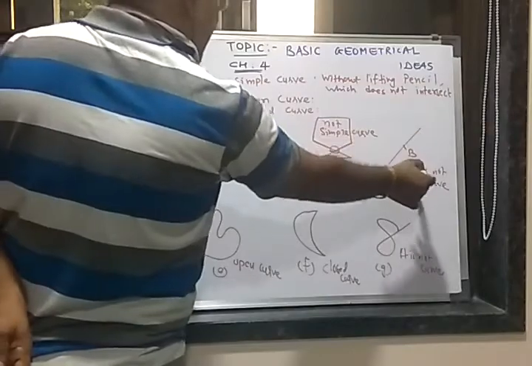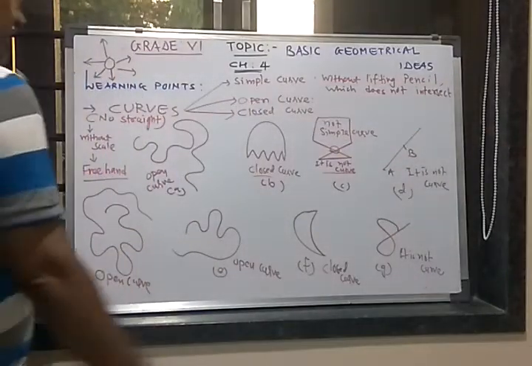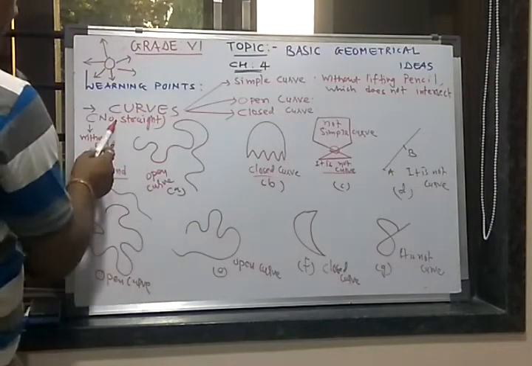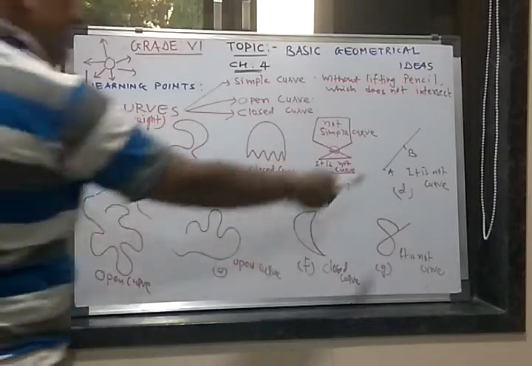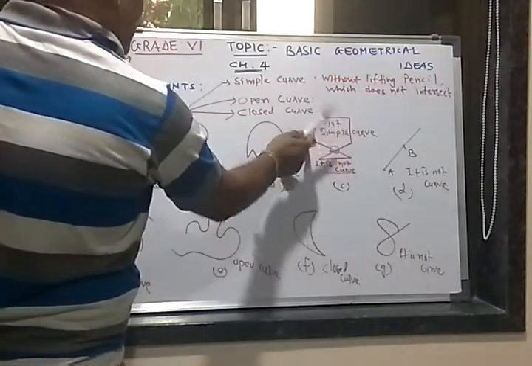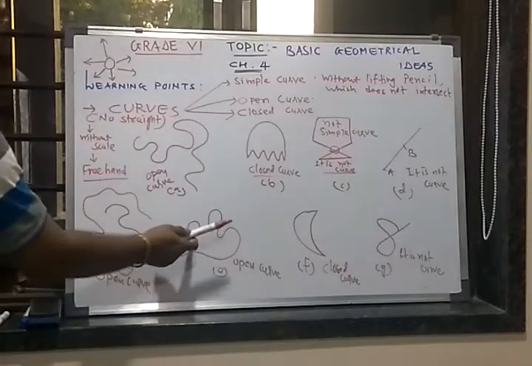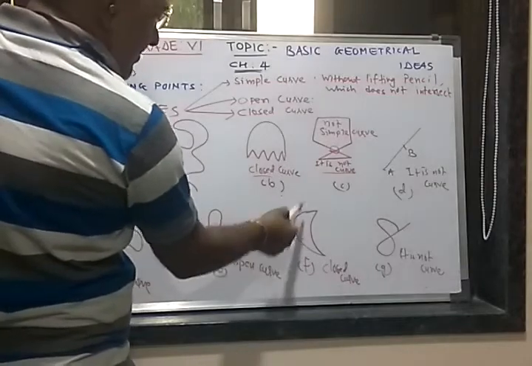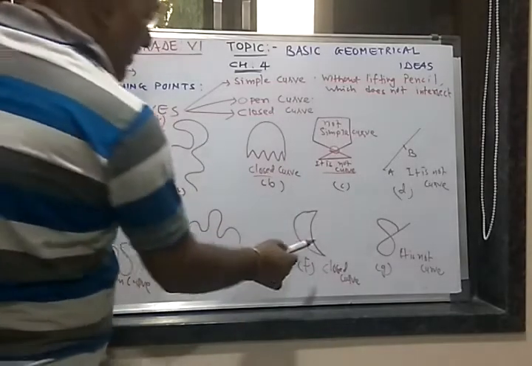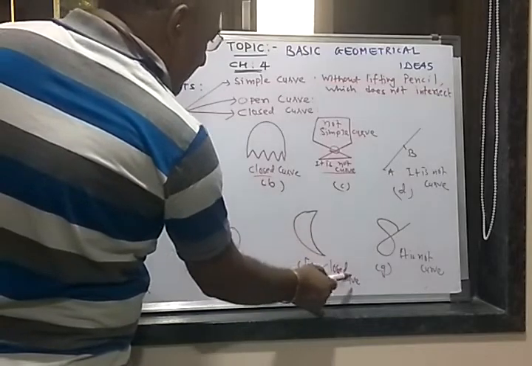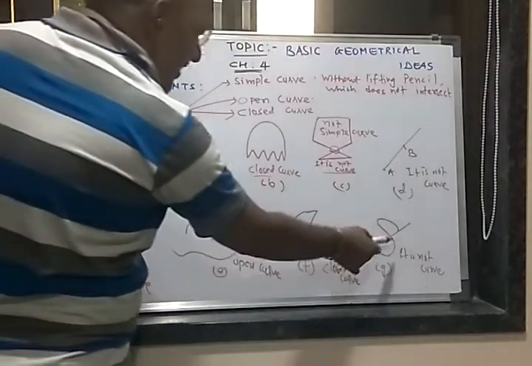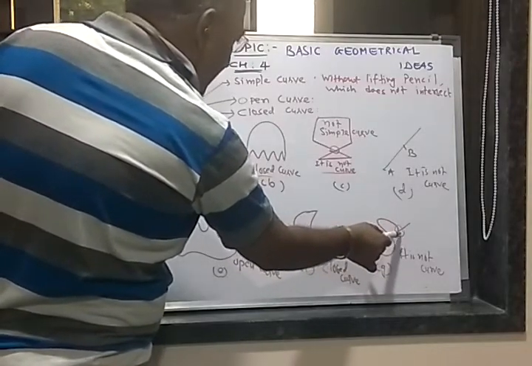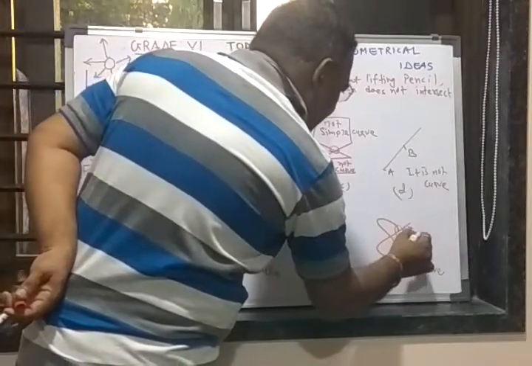This is a line segment, so it is not a curve. It is a straight line. Curve means no straight line. Here a straight line is there, so not a simple curve. Here open space is there, so open curve. Here you can see a moon shape, so it is closed. Closed curve. And here, of course it is a curve, but it is intersecting over here.